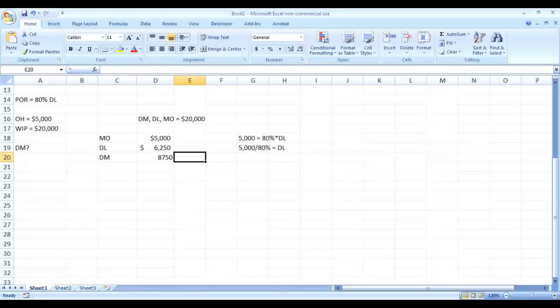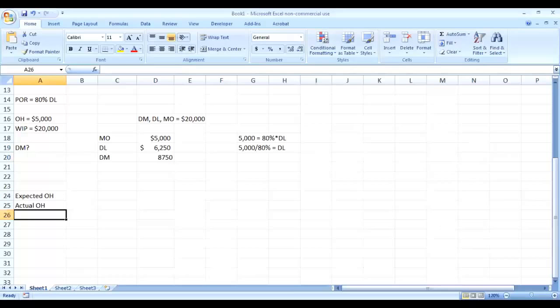I do have a question. Sure. I'm not sure which number this is, but it is on Chapter 2. The question is, how much is the overhead application rate if BAR bases the rate on direct labor hours? It gave me some numbers for expected, actual, budgeted overhead, and actual overhead, but I don't know how they got the per hour amount.